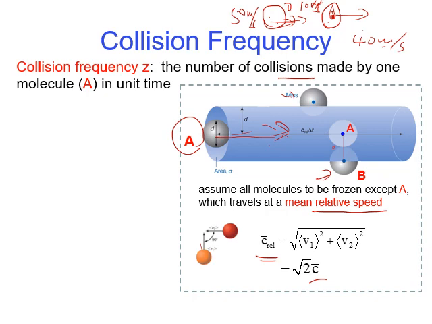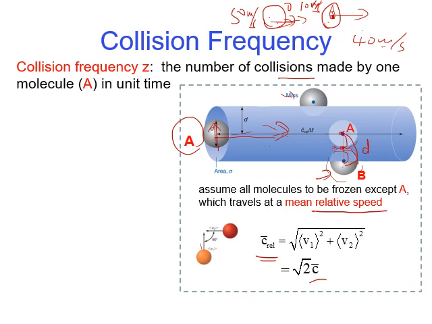Now look at one molecule B, which is just in contact with A. Each has a radius r, and so the distance from center to center is just the diameter of the molecule.